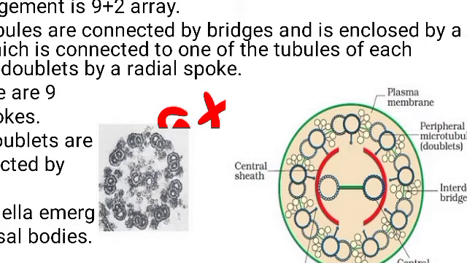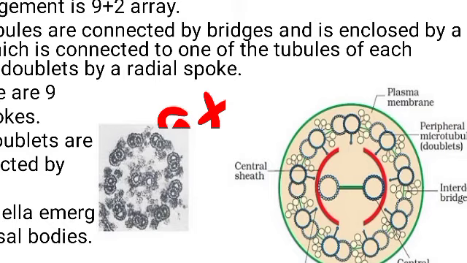Okay. Now, the central tubules are connected by bridges. You can see here the green line which passes in the center, that is the bridge. It connects the central tubules and is enclosed by a central sheath. This red line is the central sheath. It surrounds the central microtubules. And this central sheath is connected to one of the tubules of the peripheral doublet. You can see the line joining one of the peripheral doublets.